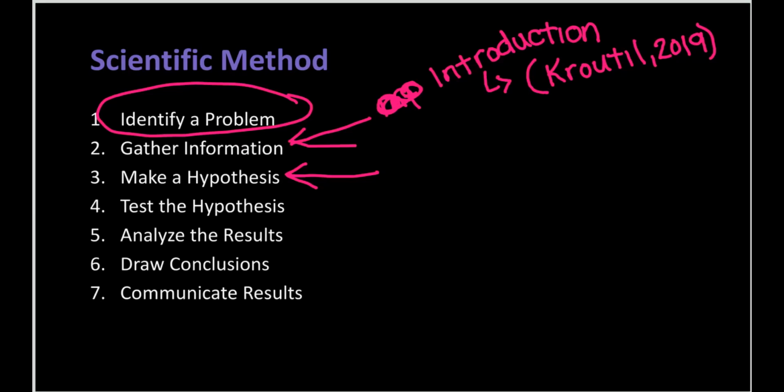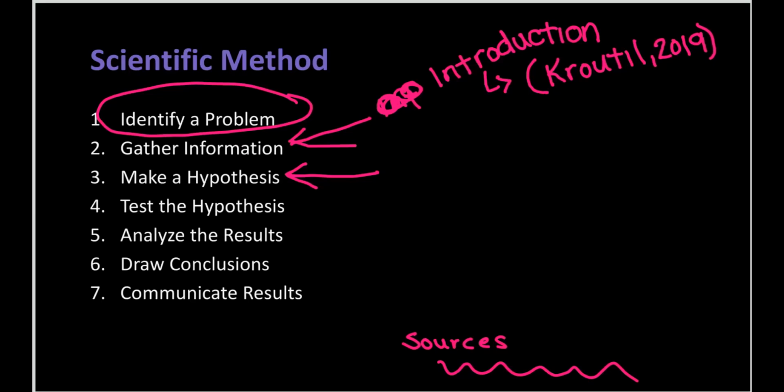Then at the end of my paper, I would have a sources or citation section, and I would list the paper that you cited. So that's an important part of the scientific method, and that's why it's important that you have those sources and you're including that information in your introduction.